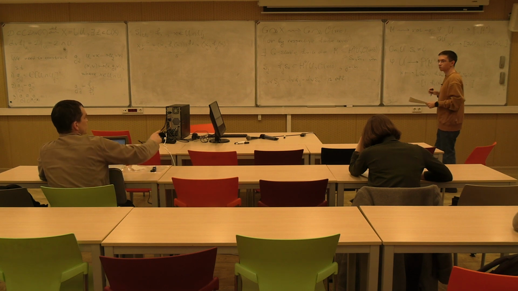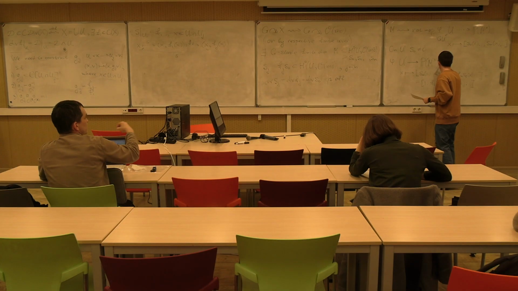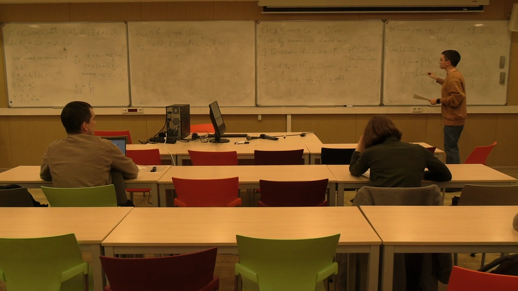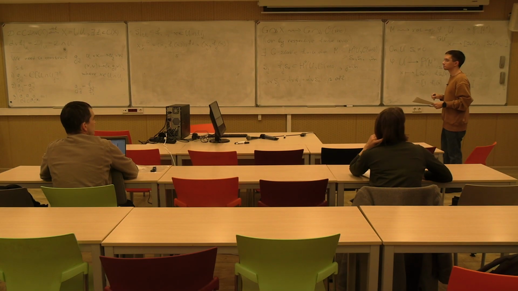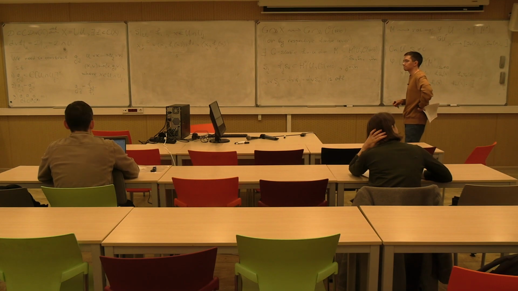So I am still not sure that we should take M. Probably we could take the linear span of these sections. Then it will be okay. So as I understand, we don't need it to be G-stable in order to work for this construction.